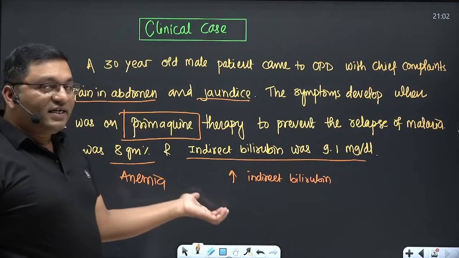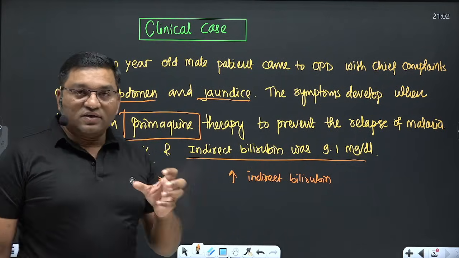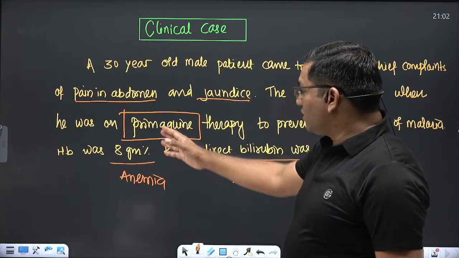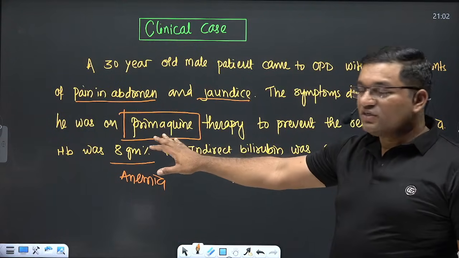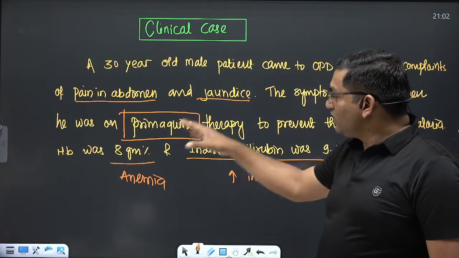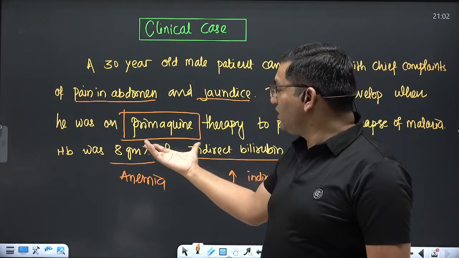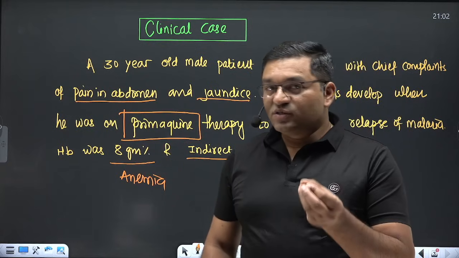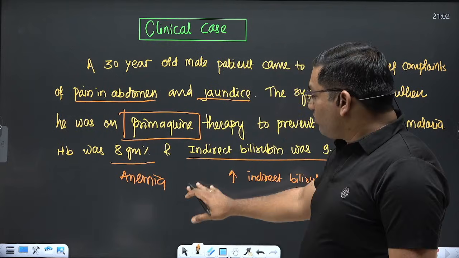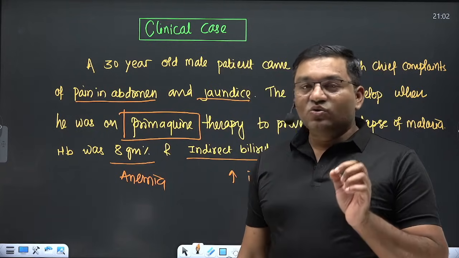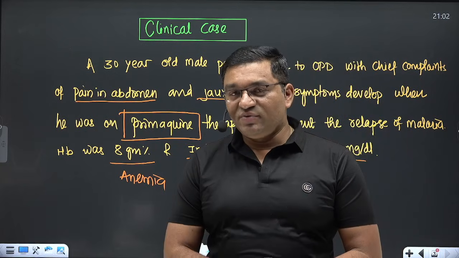So this indicates, as primaquine therapy was given, there is jaundice and anemia, and primaquine is a drug given in the treatment of malaria. It precipitates G6PD deficiency. That's why the probable diagnosis here is glucose 6 phosphate dehydrogenase deficiency.